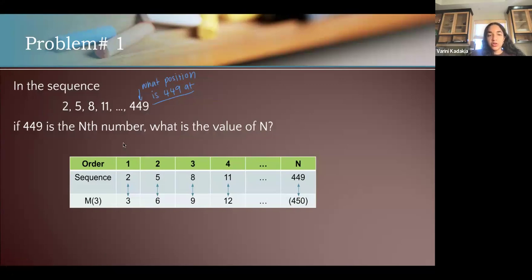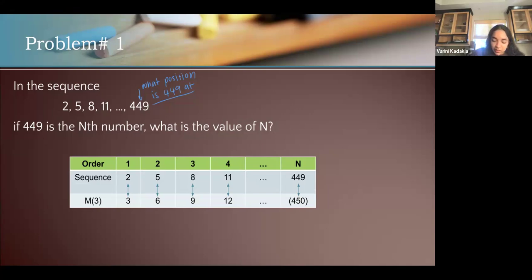Okay, so we're given 449 is the number. So what we need to do is see how we can get the position from the number itself, correct? Yeah? Okay.